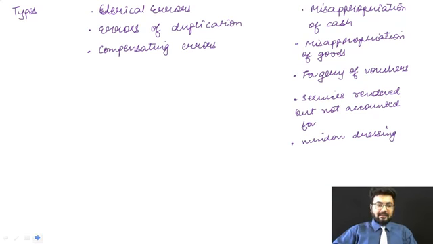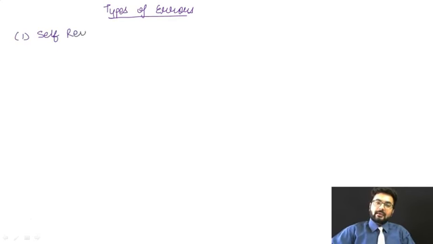Now moving on to the next, there are so many types of errors. What are the different kinds of errors which you will find during auditing? Right? So the very first kind of error is the self-revealing error.